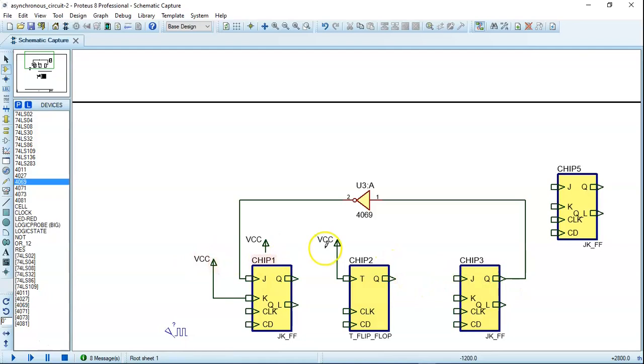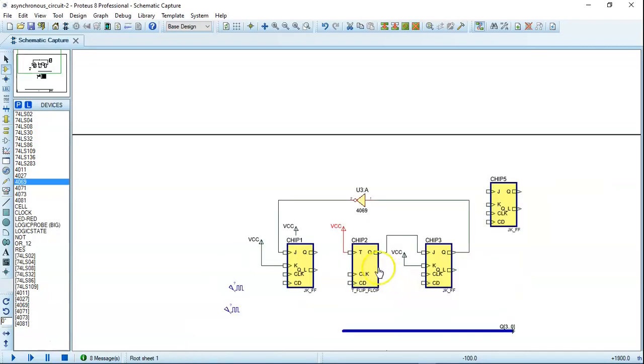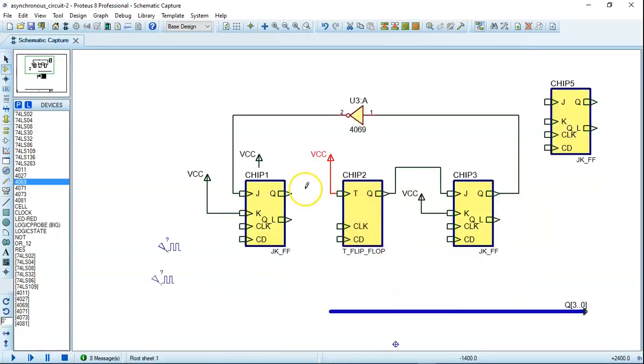Okay, you have another VCC to connect here, which is this K. The T goes connected to the J. You can connect all the clear directs.